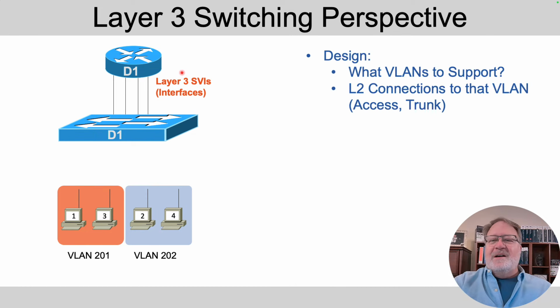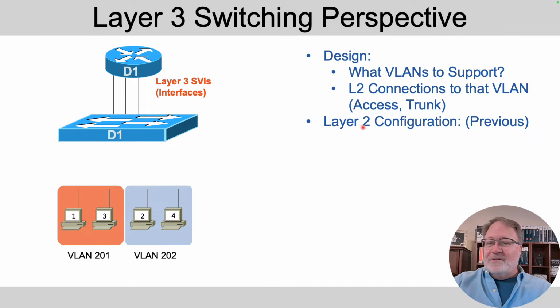All right. So just thinking about the task, the big picture things from a design perspective, what VLANs are there? So you know what VLAN interfaces to create. You got to think about what layer 2 connections you need between the layer 2 function and those devices, like, configure VLAN trunks, configure the VLANs, configure access ports.